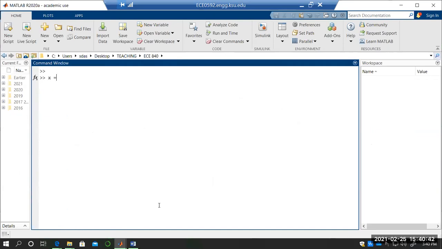I'll take x equals, let's say 4 comma, actually I'll do this. X equals 5, negative 2. Even better, I'll do this. X equals 1 through 4, and x equals x transpose.